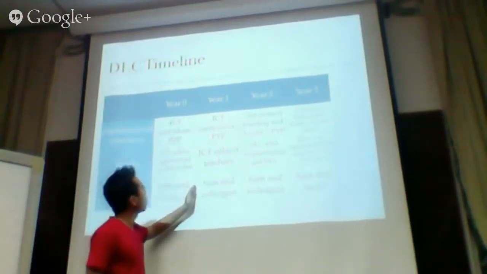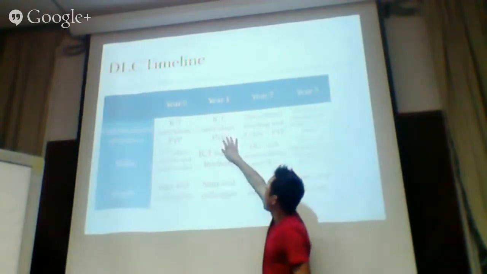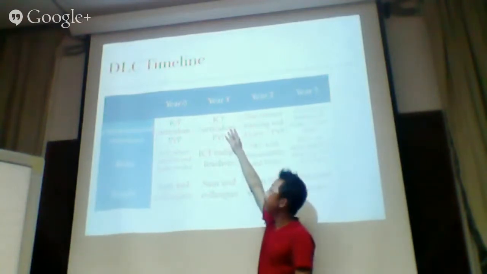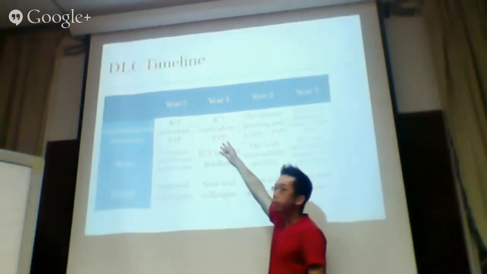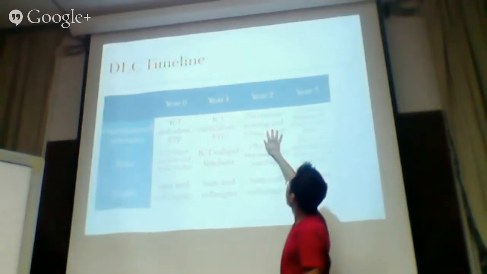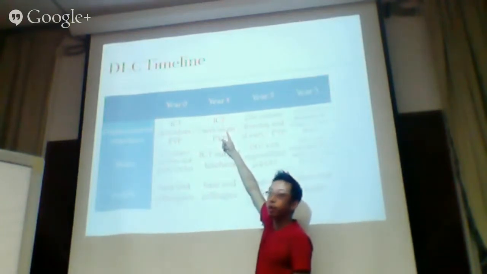And then the school went into a transition period, year one, where they still had ICT subject and a PYP, primary years curriculum. But they were looking ahead to getting rid of their ICT subject teaching.